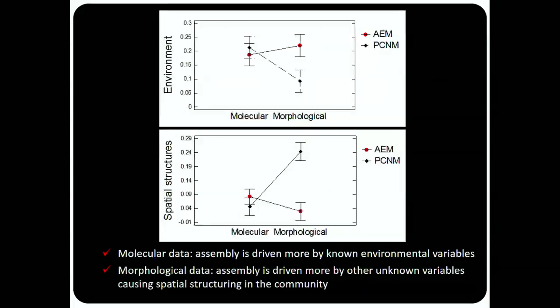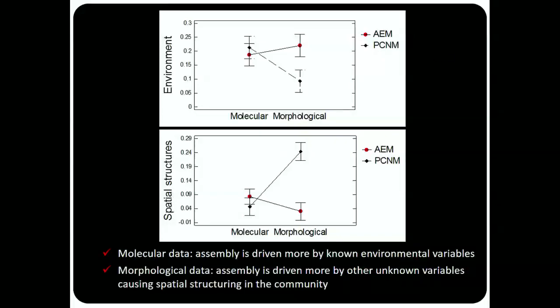Another thing here, we see the importance of the environment and the spatial structures between the different identification techniques. So basically, in the molecular data, which are shown with the red dots, we see that this effect of connectivity is consistently not important between the two approaches.